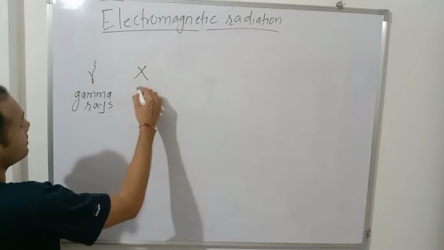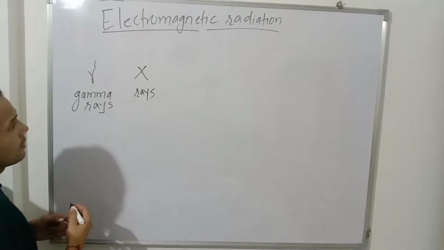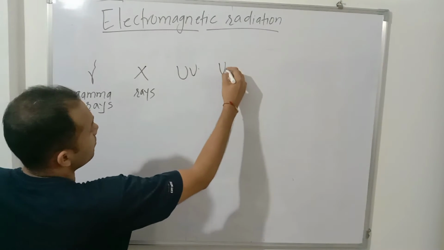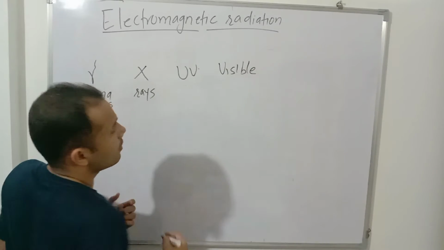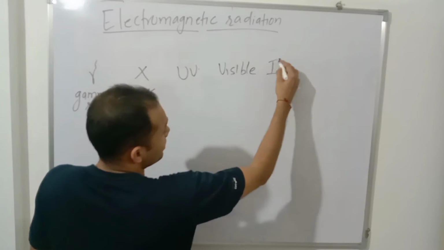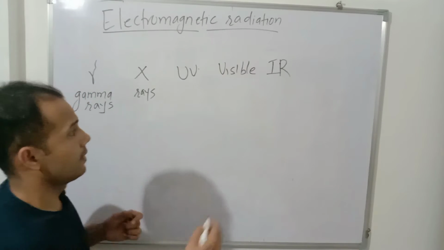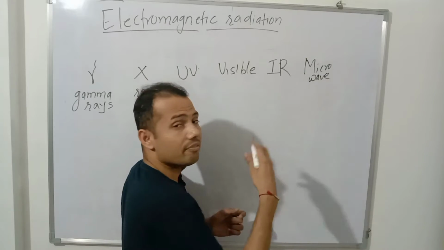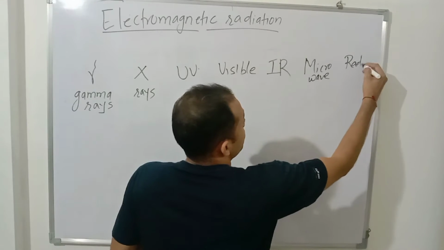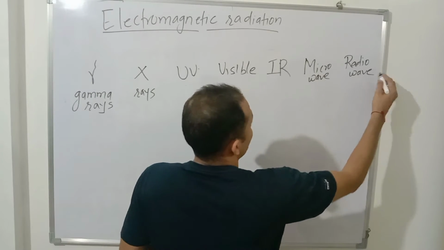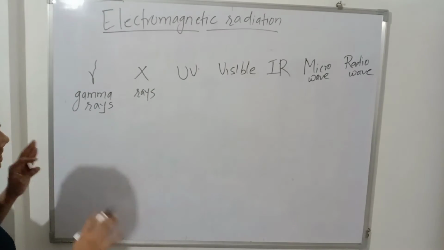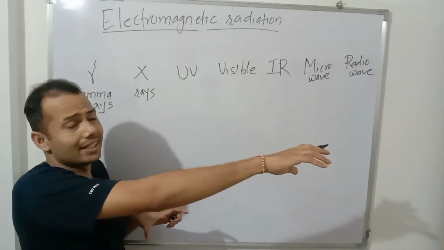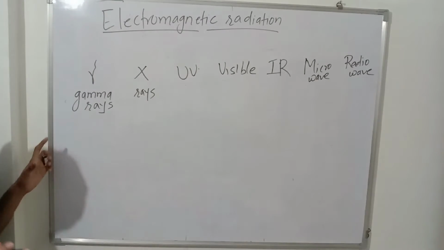Next after gamma rays you have X-rays, then UV, then visible, then IR, infrared radiation, then microwave, and finally you have radio waves. So these are all the different forms of electromagnetic radiation.